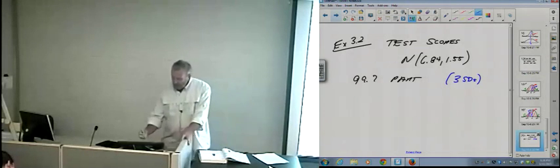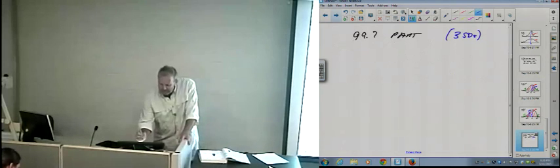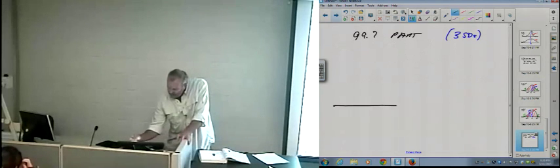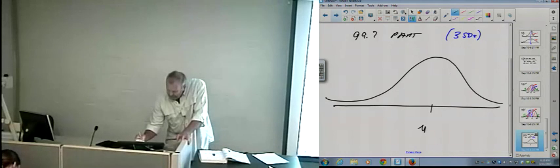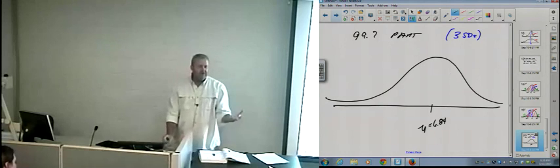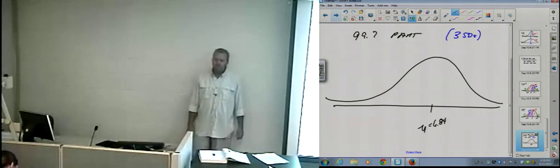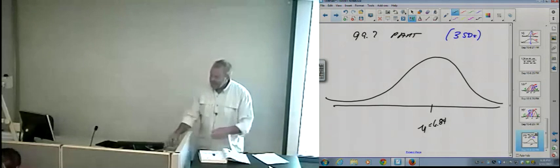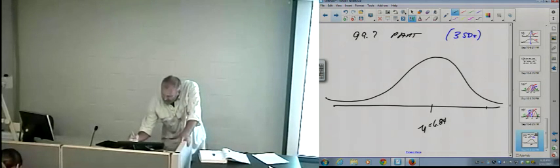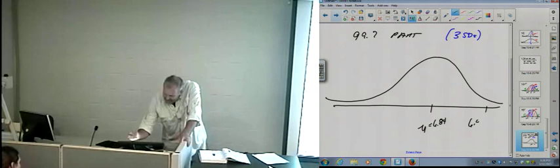So, when I draw you this picture, I know it's normal. I know where it's centered. The mean there is 6.84. Now, what does it mean to go 3 either way? It means there's a point out here where you take 6.84 and take 3 times 1.55. That's 3 standard deviations to the right. So 6.84 plus 3 times 1.55.